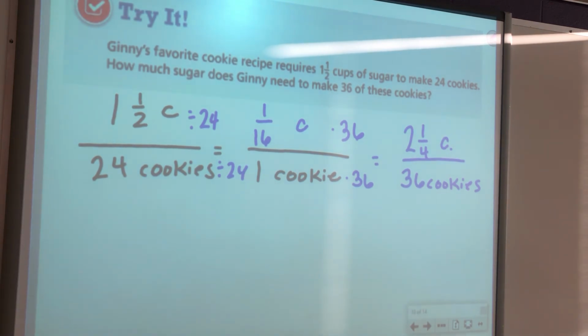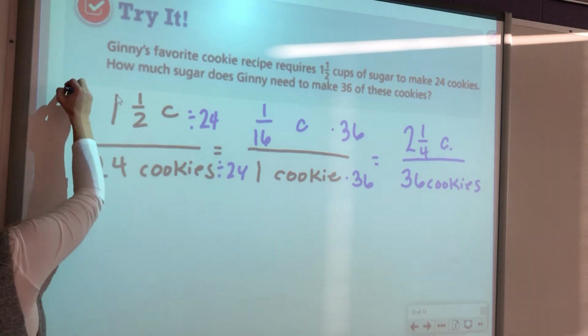Okay. So Bob said go down to the unit rate, then go back up to 36. Excellent idea, right? Okay. So that's one method.